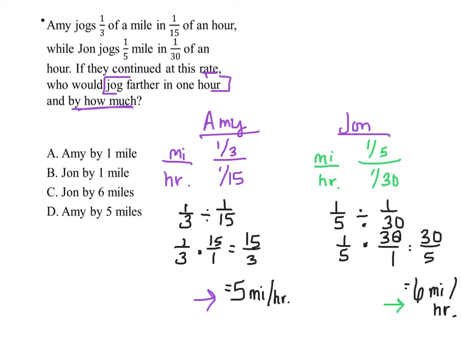He went farther in the same amount of time, which was an hour. So I can cross A and D off because John ran farther, but by how much is 1 mile. So John ran farther by 1 mile per hour.